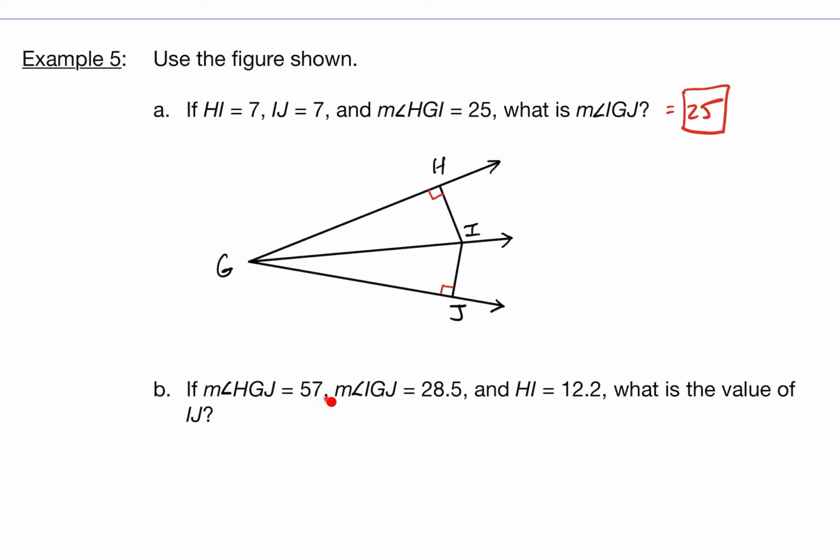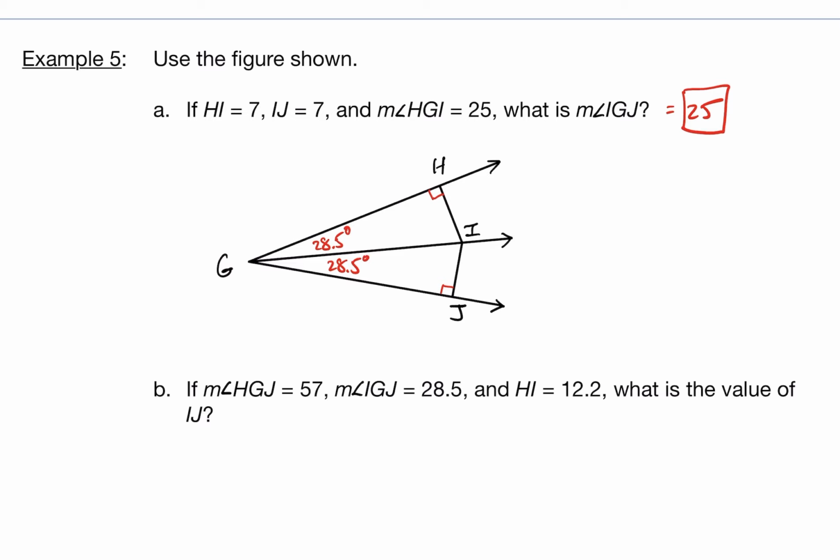We're also told that IGJ is 28.5. 28.5 is exactly half of 57. So what this is telling me is that both of these angles are the same. They are 28.5. We know this is an angle bisector because both of these angles are the same. So let's go ahead and label that. This is 28.5 degrees and this is 28.5 degrees.